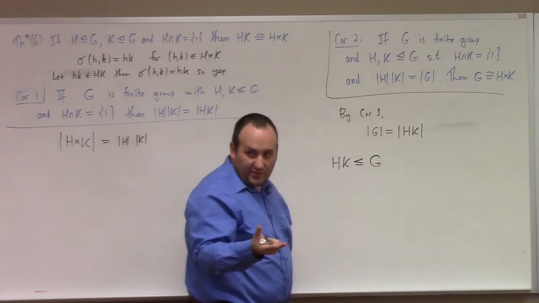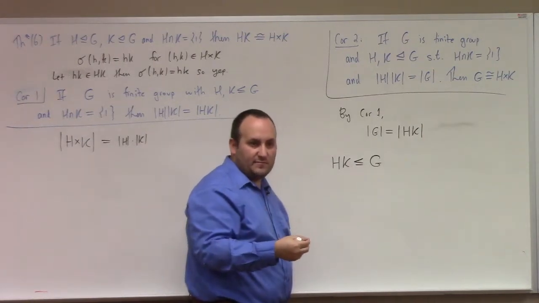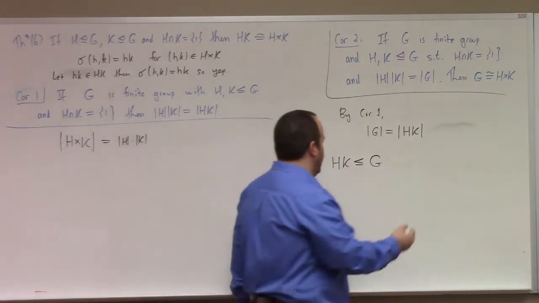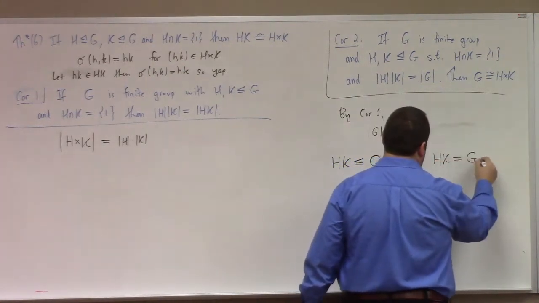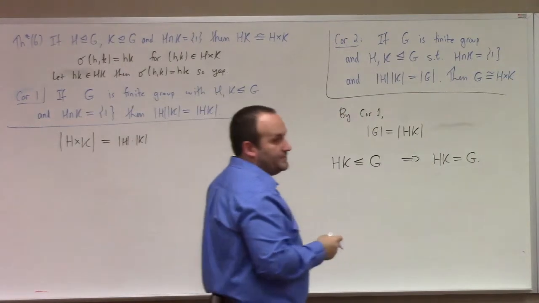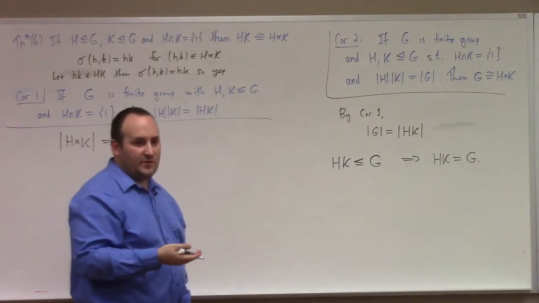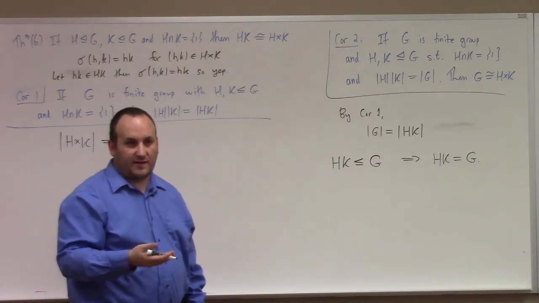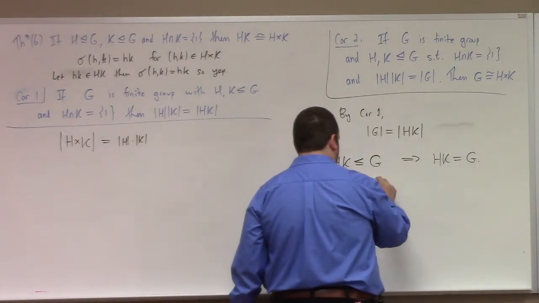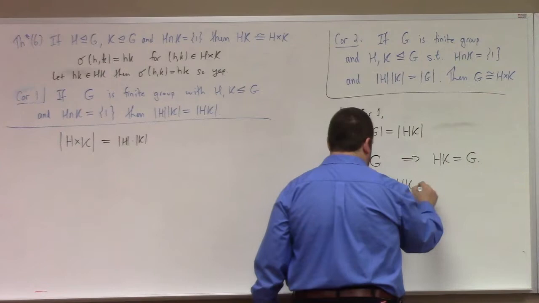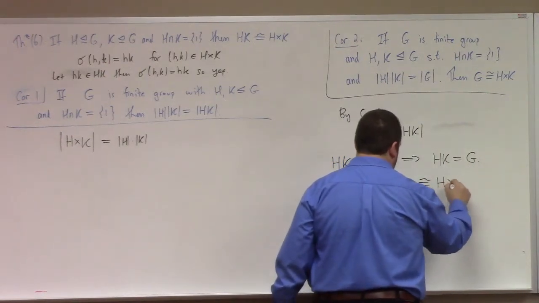So if you have a finite group and a subgroup of the same order, that implies HK is equal to G. And then we know that HK is isomorphic to H cross K by corollary 1. Hence G equals HK is isomorphic to H cross K.